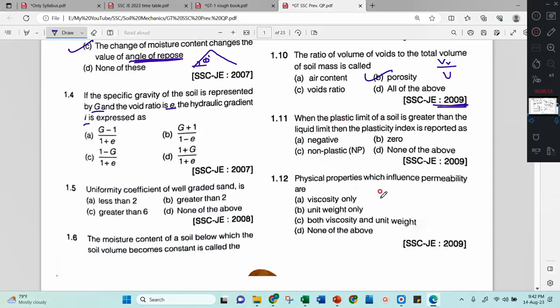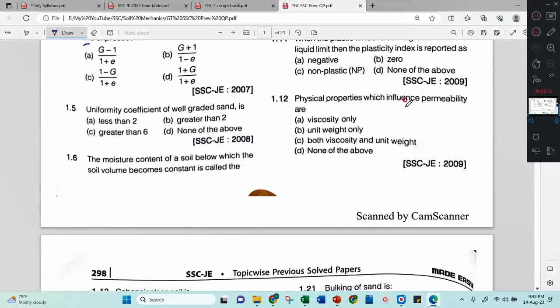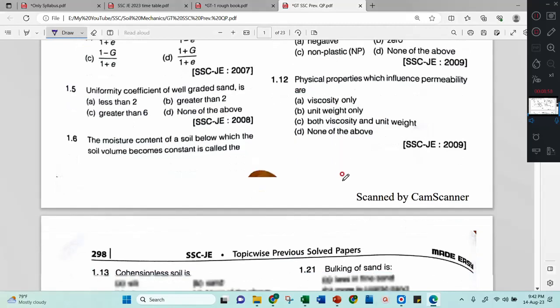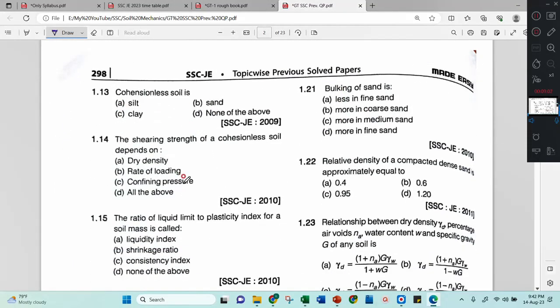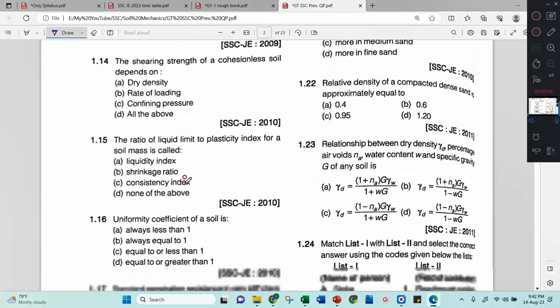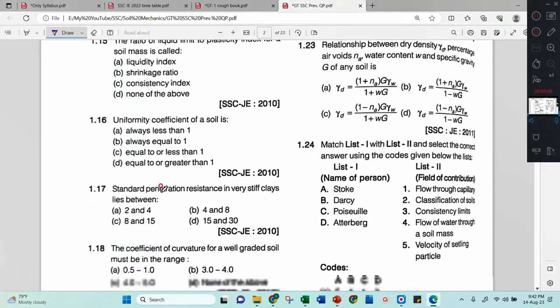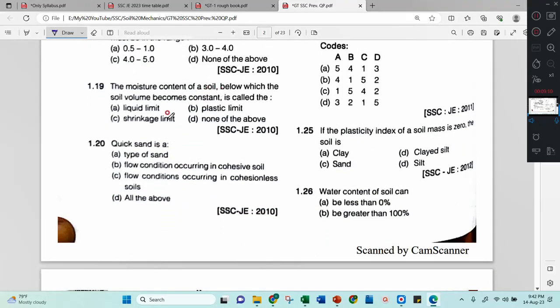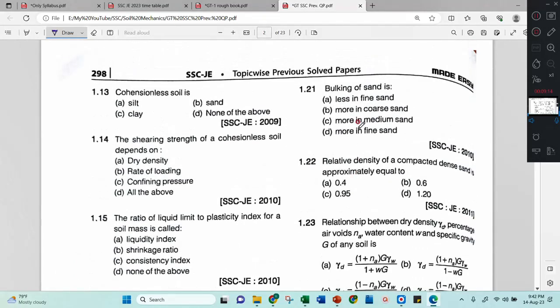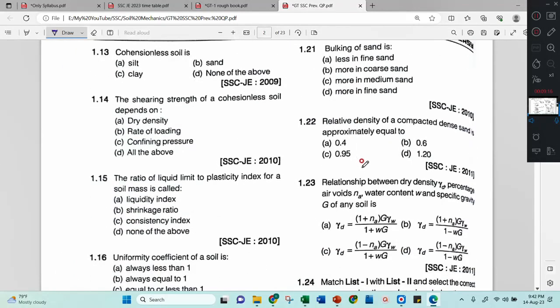When a plastic limit, skip. Physical property which influence the permeability, skip. Cohesionless soil, you can answer or otherwise skip. Shearing, skip. Ratio of, skip. Uniform, standard penetration, coefficient of permeability, moisture content of soil, quicksand condition, then bulking of sand, relative density.